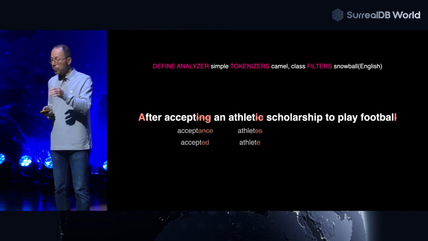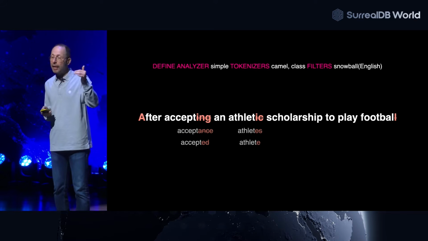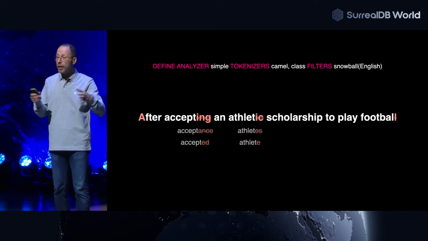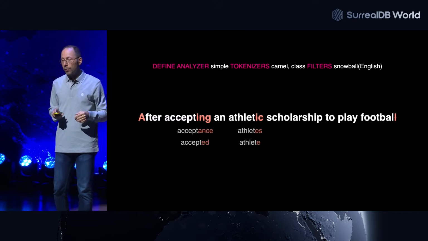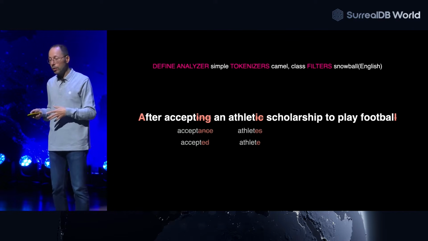In this case, we tell Snowball that the language is English, and so the ing at the end of terms is going to be removed. But also, for accepting, we have acceptance that would be accept as well, accepted that will be accept. So it's a way to have different candidates for different words that will ease the search.